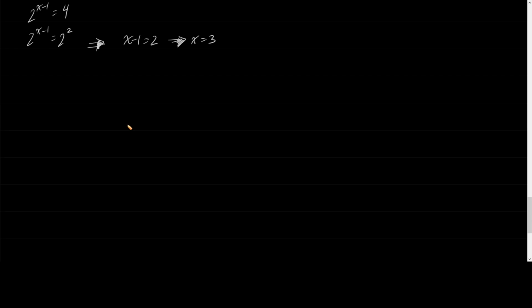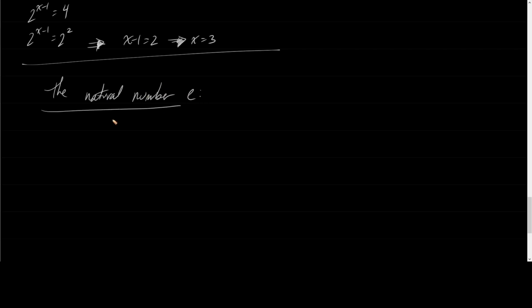Now, let's talk about a very important number. The natural number, e. And in here, when I'm saying natural number, I should be saying the capital N, Natural. Let's rewrite that better.